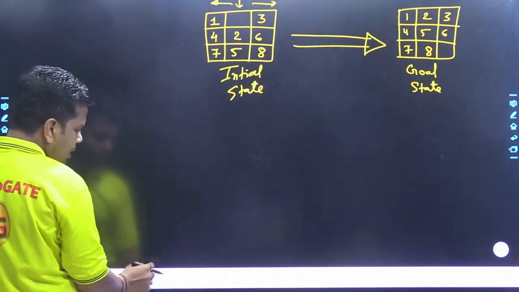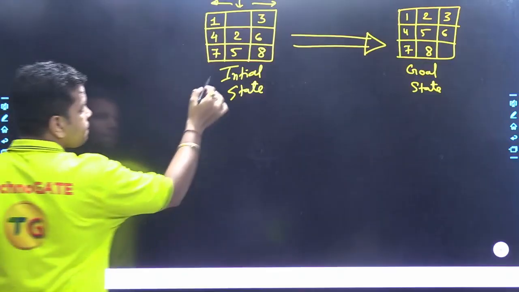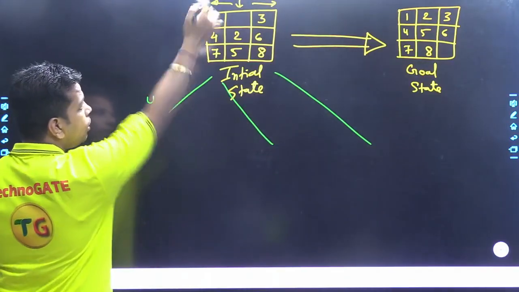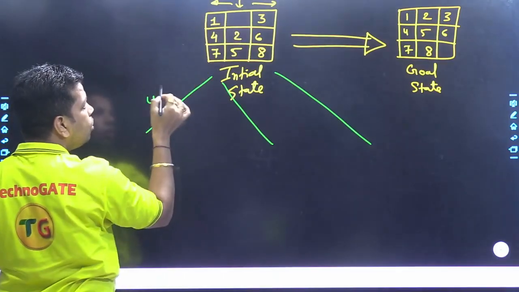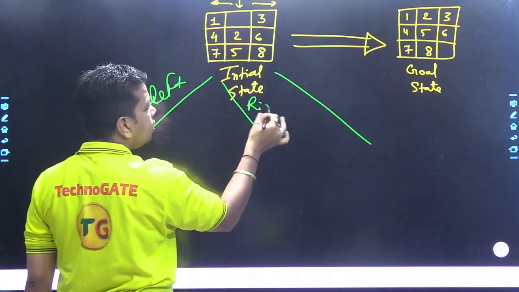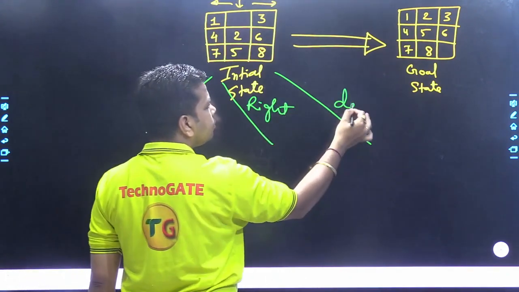Here, suppose that would be a node. So now we can perform 3 different moves. This tile can go to the left, right and down.